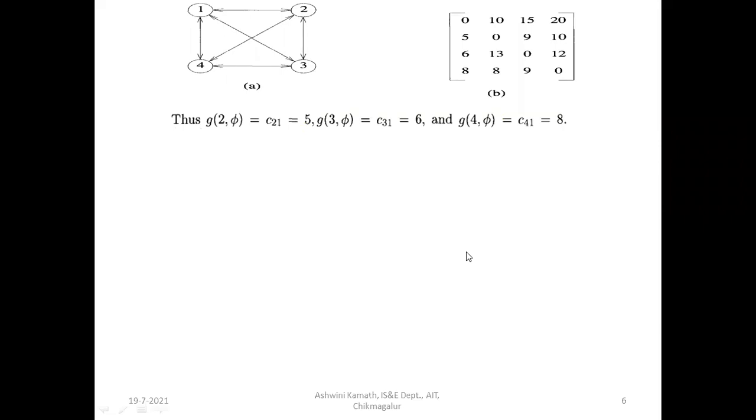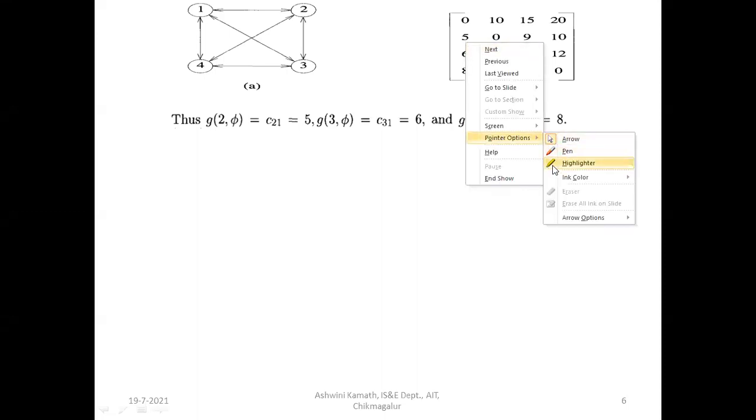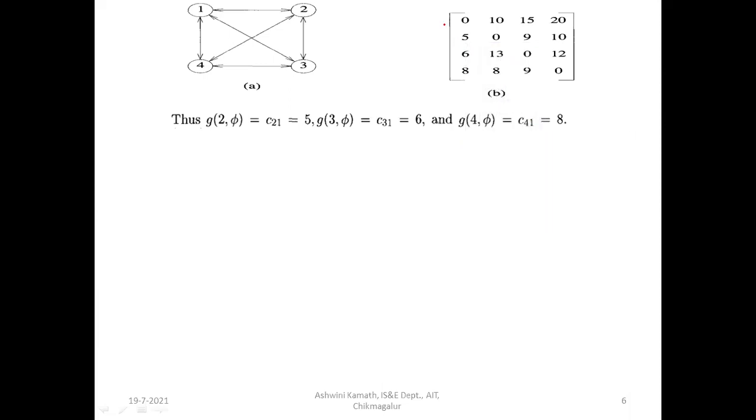So let us find out G of 2, 5. G of 2, 5 means 2 to 1. What is 2 to 1? It is equal to 5. From the matrix you can consider, give the numbers to rows and columns so that it will become easier for you to find out the values.